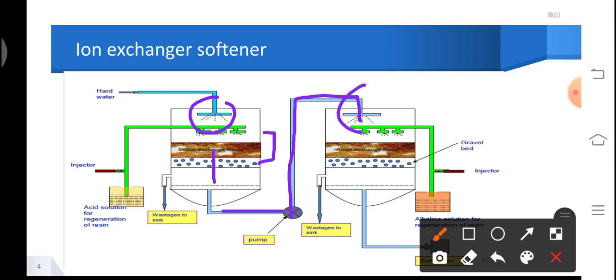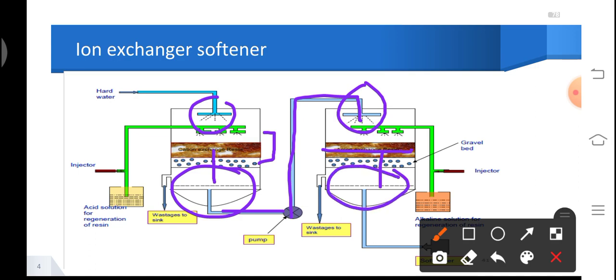So this is the inlet for the anion exchanger column. Here the filtrate contains protons along with the anions present in the hard water. So all these anions are absorbed here in the anion exchanger resin, where the hydroxyl ions are replaced by the anions present in the water. So now the filtrate which comes from here contains protons which were released here, and hydroxyl ions which were released here.